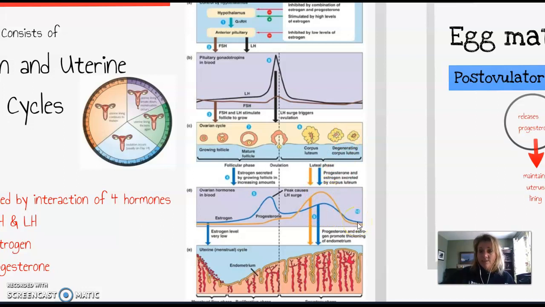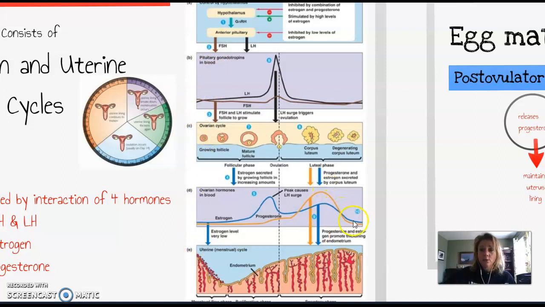And so at the end of a 28-day cycle, we are going to have the lowest levels of progesterone and estrogen that we have. Our hypothalamus is going to be stimulated to inhibit the release of LH, but to secrete more FSH to start another follicle growing.